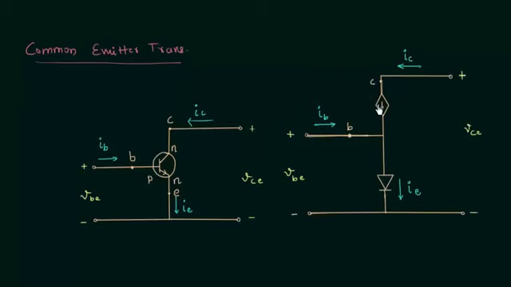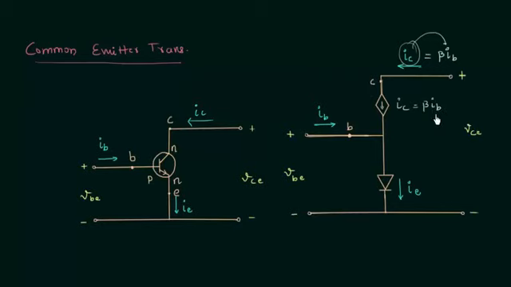We have a dependent current source because the collector current IC is equal to beta times the base current. So the collector current is dependent on the base current.